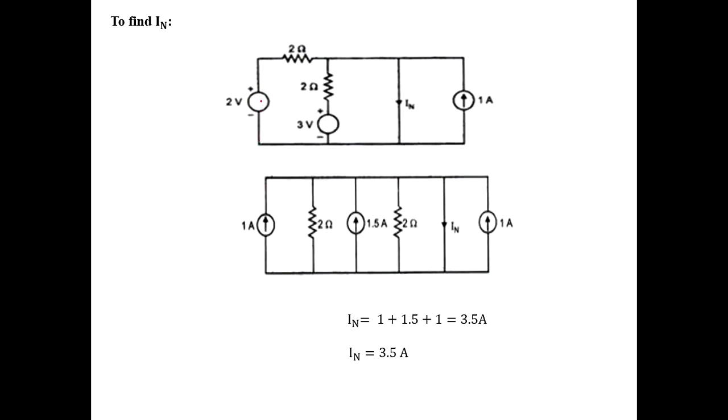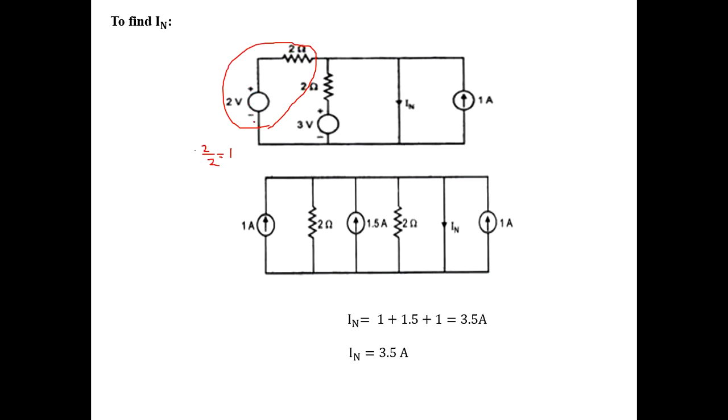Because here, by Ohm's law, I equals V divided by R. Consider this value: I equals V by R, the V value is 2 and the R value is 2. 2 divided by 2, the value is 1. The current value is 1.